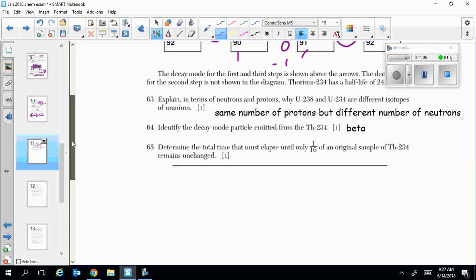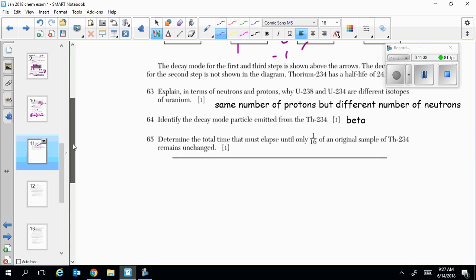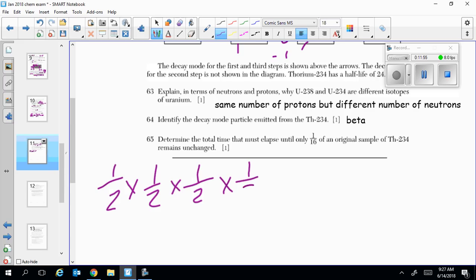All right, and then determine the total time that must elapse until only 1/16th of a sample remains unchanged. First of all, I got to figure out how many half-lives is 1/16th. So 2 half-lives would be a quarter. 3 half-lives, 2 times 2 is 4, times 2 is 8. 4 half-lives would be 1/16th. So I want 4 half-lives.